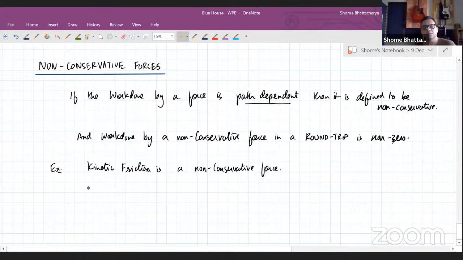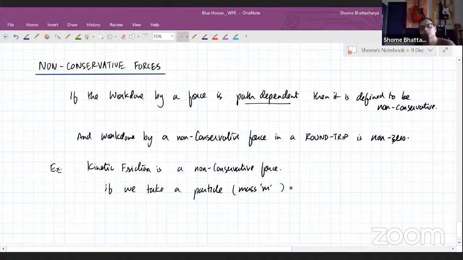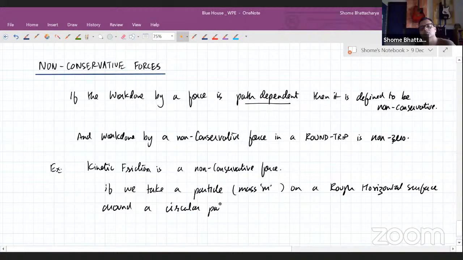For example, if we take a particle of mass m on a rough horizontal surface around a circular path of radius r, on a full circle.